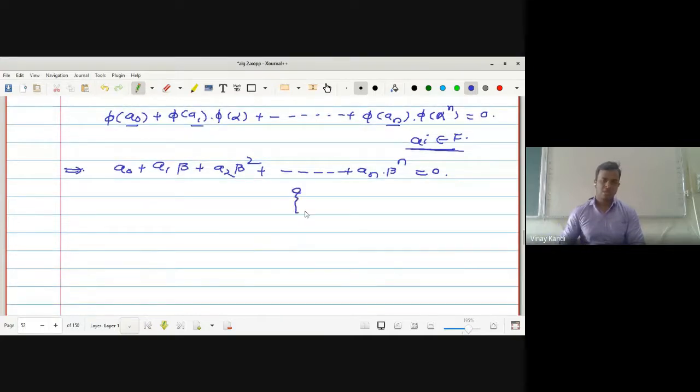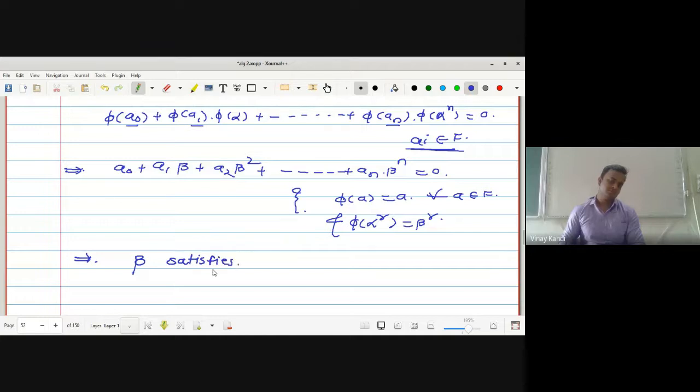Why? What is the reason? Phi of a is equal to a for all a belonging to F, since phi leaves every element of F fixed, and phi of alpha raised to r is equal to beta raised to r. So what does this imply? This beta satisfies a polynomial.